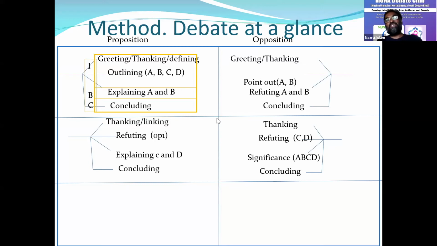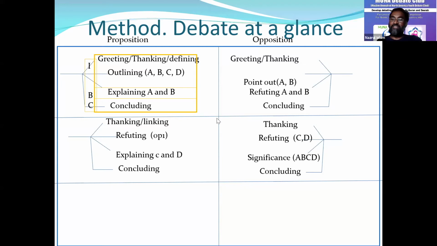The same sequence for the second speaker of the opposition. So here I put the word significance of A, B, C, D. What is it? Because the third speaker will not get enough time, you have to explain in a way that their point does not support the topic.